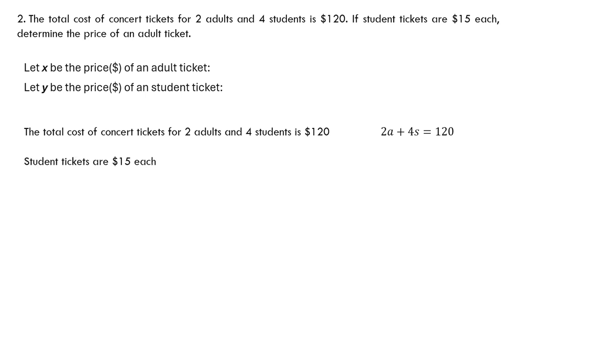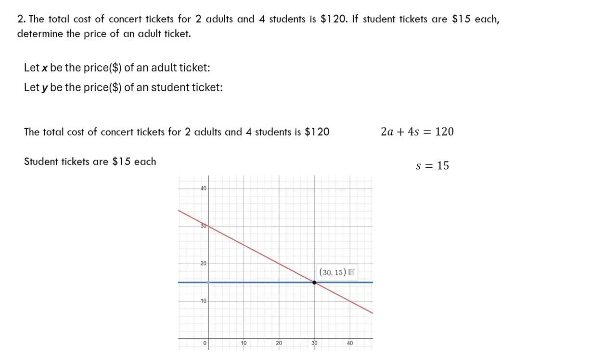Student tickets are $15 each. And this will simply be S equals 15. So there's our 2 equations. We graph them. We see that they intersect at the point 30, 15, telling us that the adult price will be $30 and the student price will be $15.